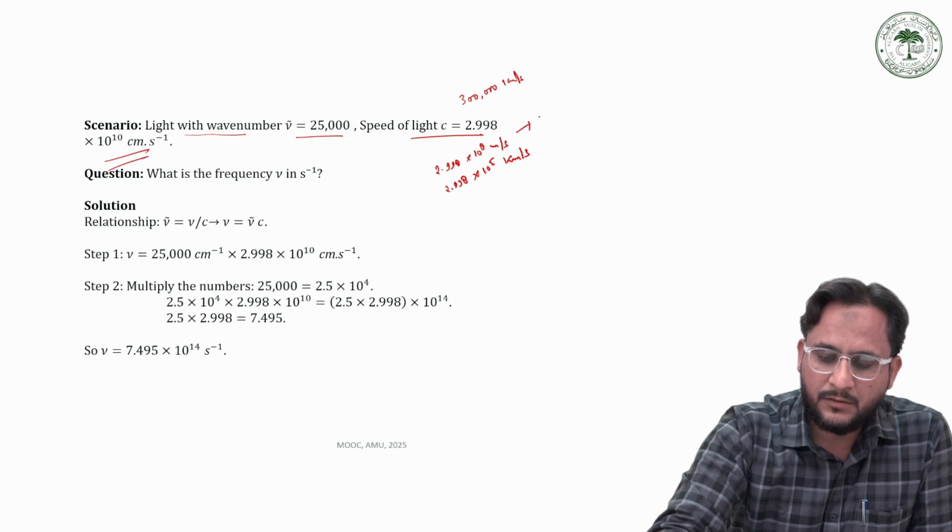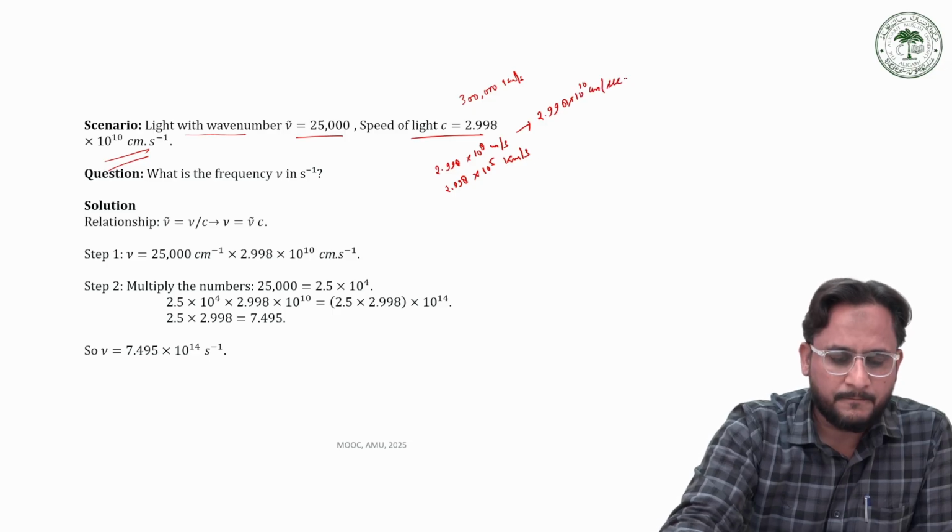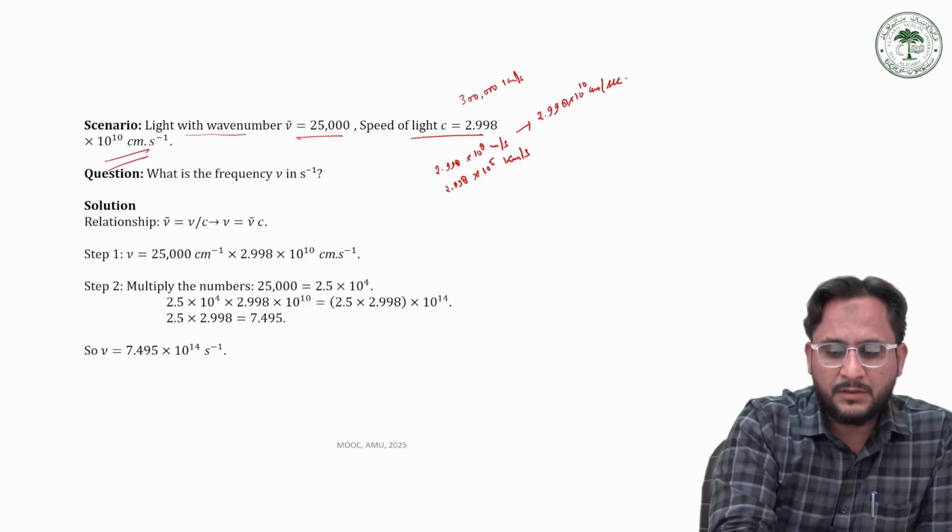So from meter we convert it into centimeter. Again we multiply by 10 raised to the power 2, so it becomes 2.998 into 10 raised to the power 10 centimeters per second. Now wave number is given, speed is given.